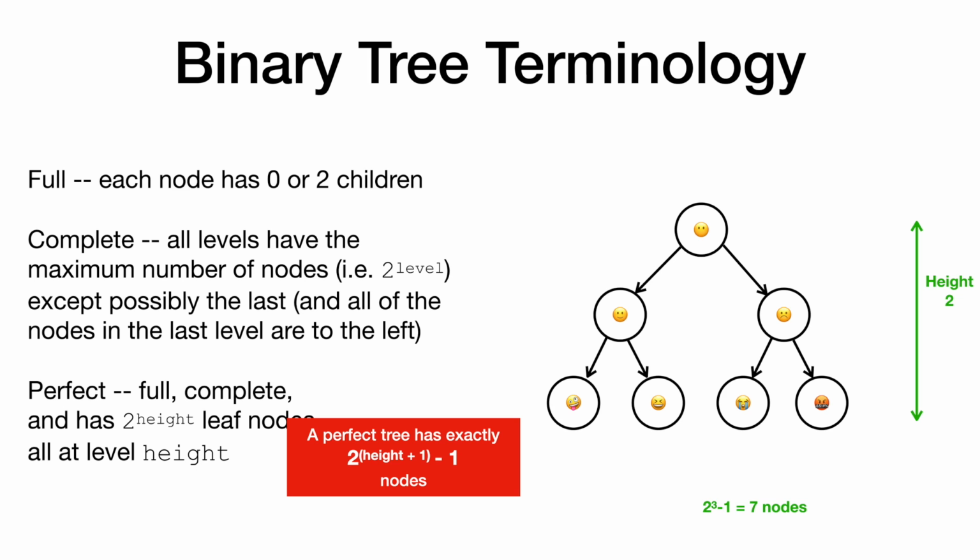And if we look, 1, 2, 3, 4, 5, 6, 7, we have 7 nodes. Right? So that's very cool. That allows us to store all of the nodes of the tree in an array of exactly 2 to the height plus 1 minus 1 elements.